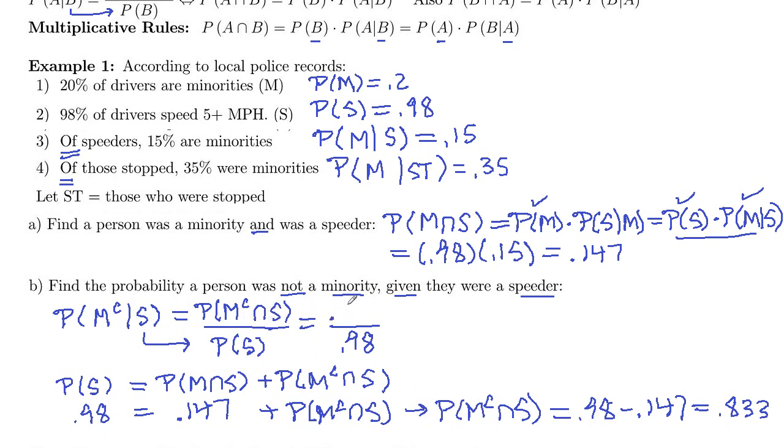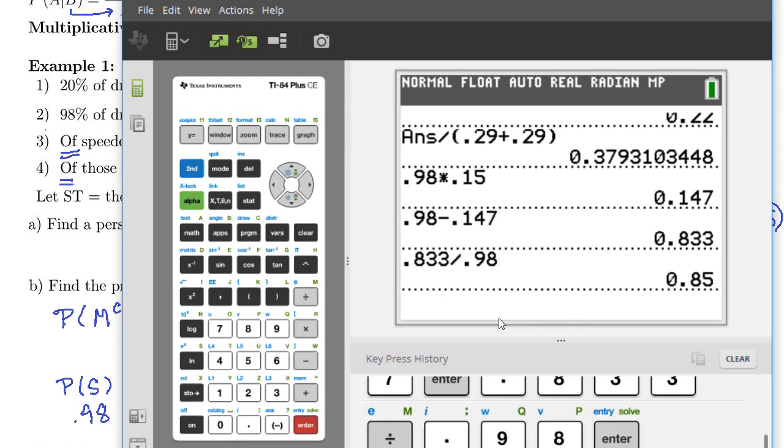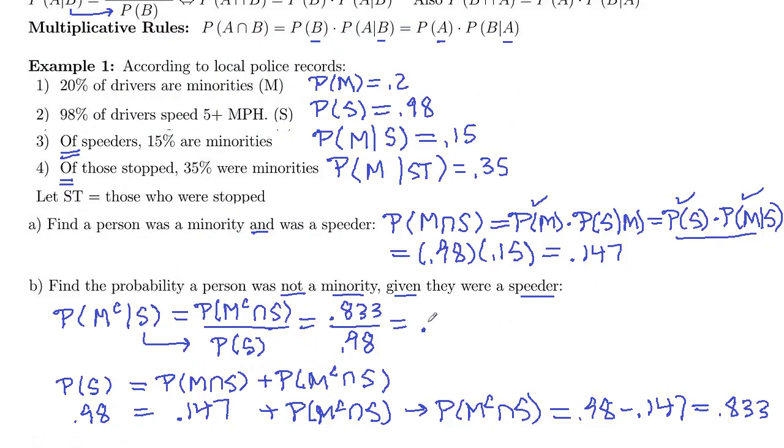So this is 0.833 divided by 0.98, which is 0.85 even. So there's an 85% chance that the person was not a minority given that they were speeding. So it's just a matter of listing out what probabilities you know, and then finding the formulas that involve the probability you know and the probability that you want.